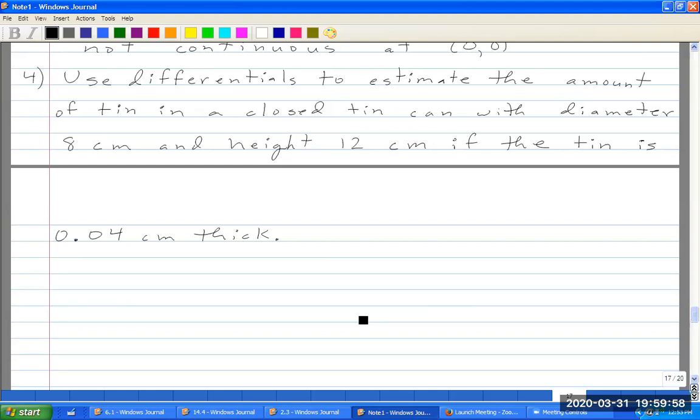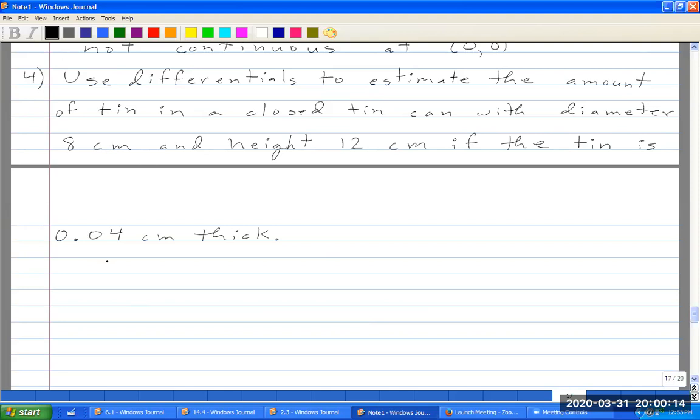Use differentials to estimate the amount of tin in a closed tin can with diameter 8 centimeters and height 12 centimeters if the tin is 0.04 centimeters thick.